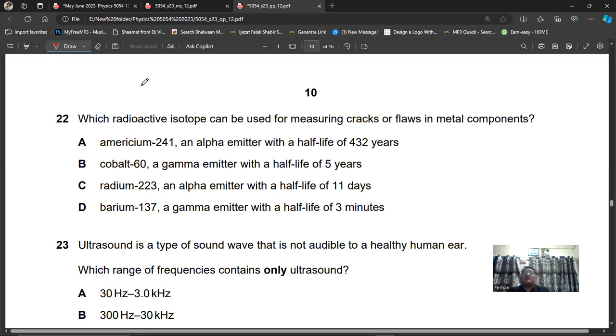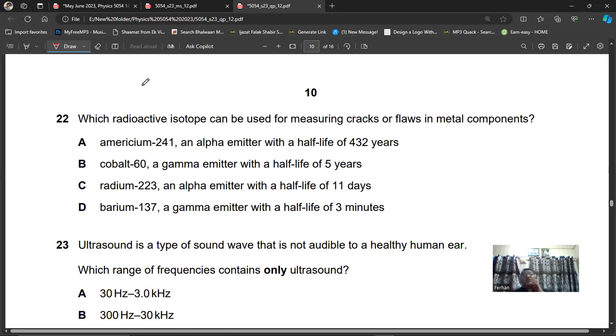So its half-life must be long, and it should not emit alpha particles because alpha particles will not be able to pass through the metal components. Their penetration power is very low. So we do not use an isotope which gives out alpha particles. We use one which gives out gamma rays, so it can pass through the metal and be detected by a detector on the other side of the metal. And its half-life must be long.